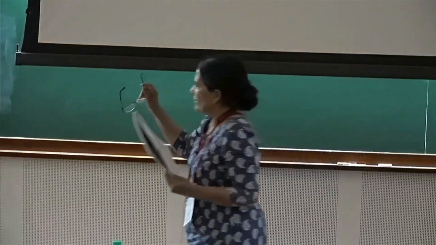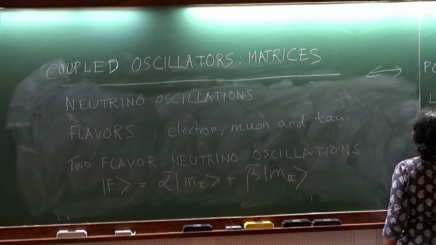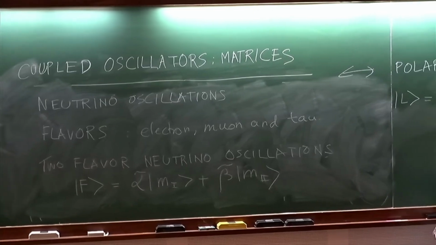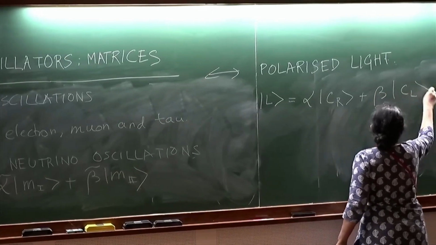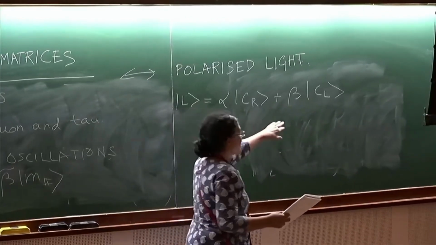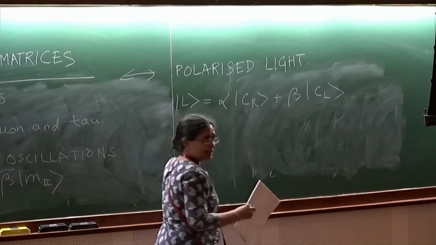In particular, just to make it look similar, if you take a linearly polarized state, you can write it as a linear combination of circularly polarized states. So right circularly polarized light and left circularly polarized light, and if you take the linear combination of that, you get a linearly polarized light.